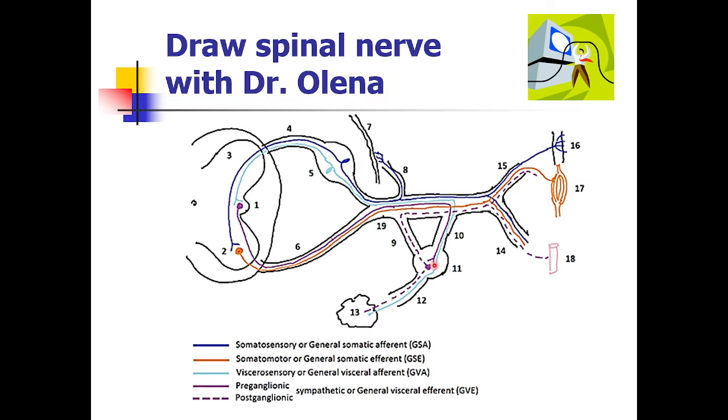That is a ganglion, number 11 marked, which belongs to the sympathetic trunk. And that's where my synapsing process is happening. So after I synapse on those postganglionic neurons, my postganglionic dashed line is coming to this internal organ to innervate. Everybody is okay with that?